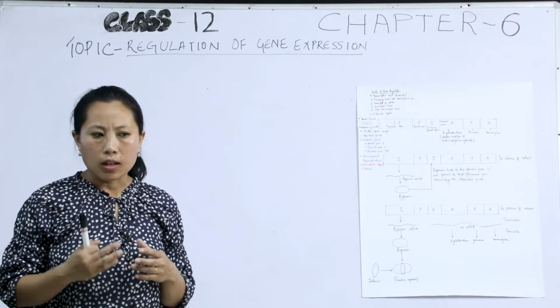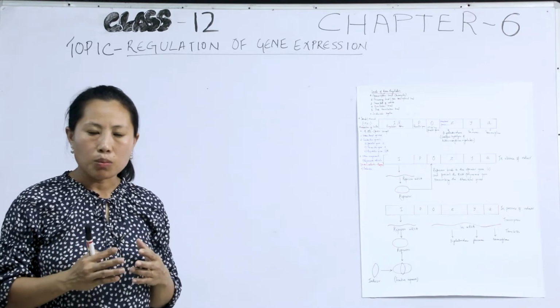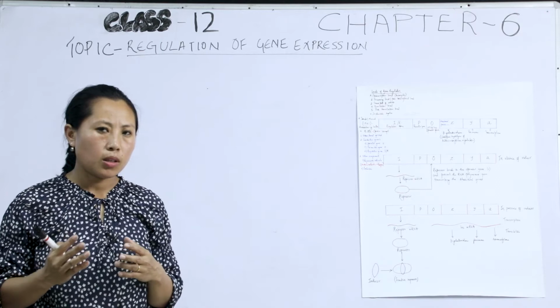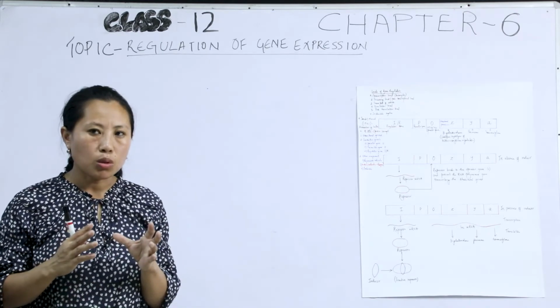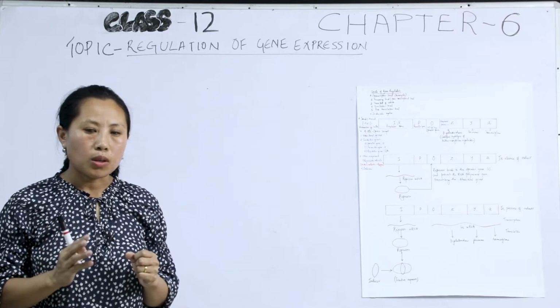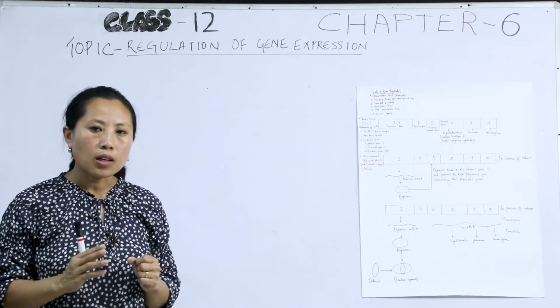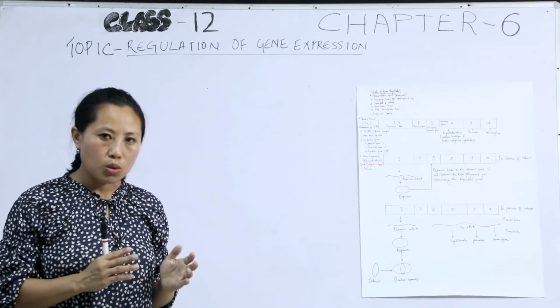When the product of a particular gene is required, that gene will be switched on so that synthesis of the product of that gene will take place, and when the demand or purpose is fulfilled, that gene will be switched off again.